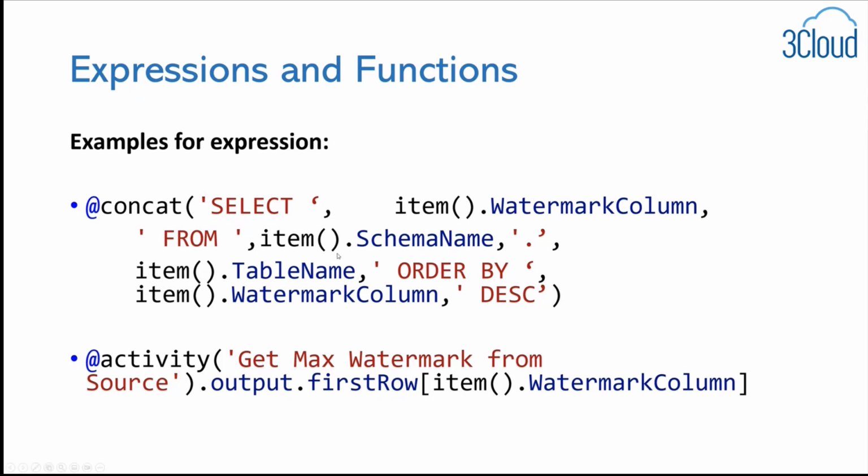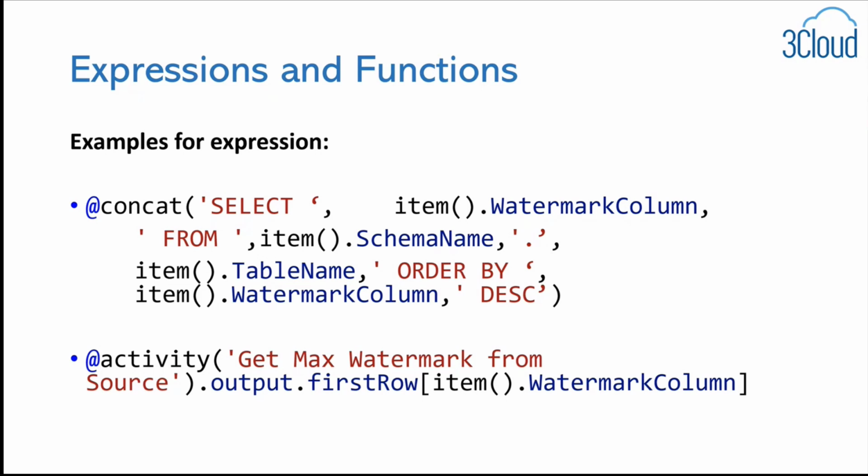And the next one is a different example to showcase that you can also use the output from a specific activity inside a pipeline and put it into the next activity. So in this case, this is the output of the get max watermark from source activity. That's the activity's name.